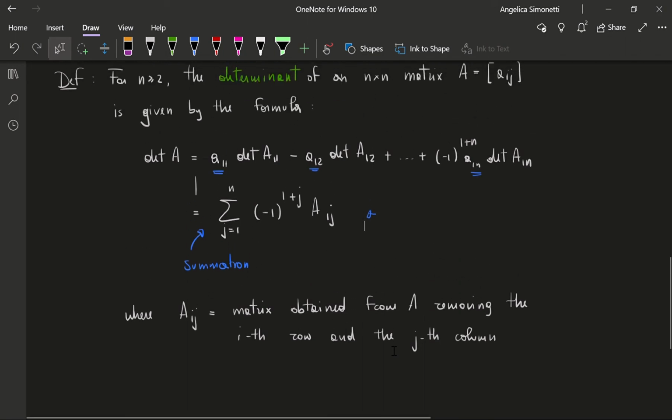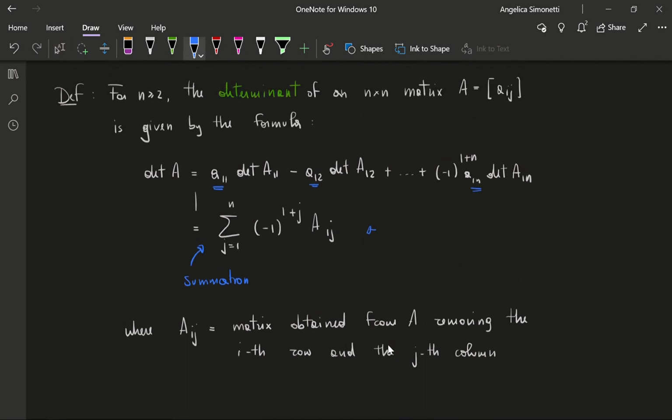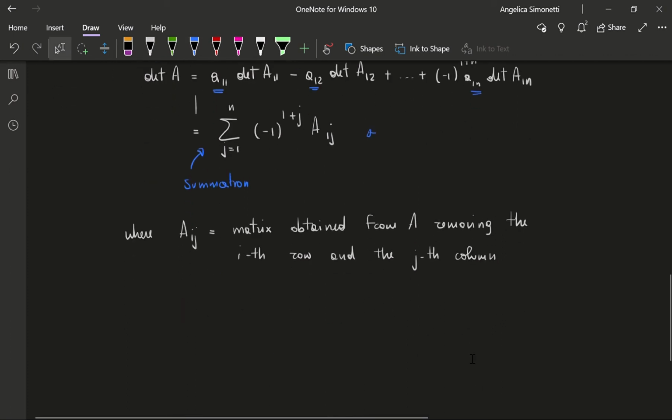If you look carefully here, I have this assumption that n is greater than 2. Why is that? Because if A is a 1 by 1 matrix, then A is really a real number.